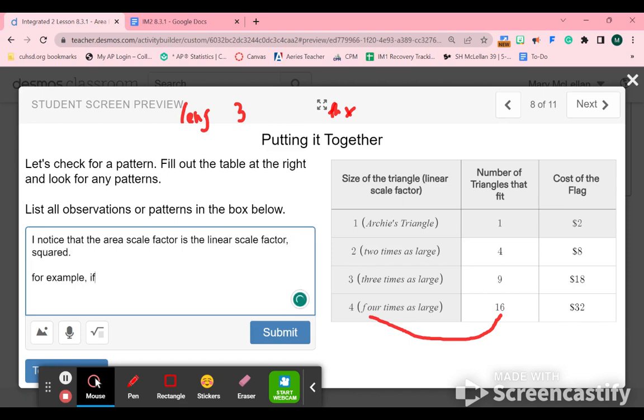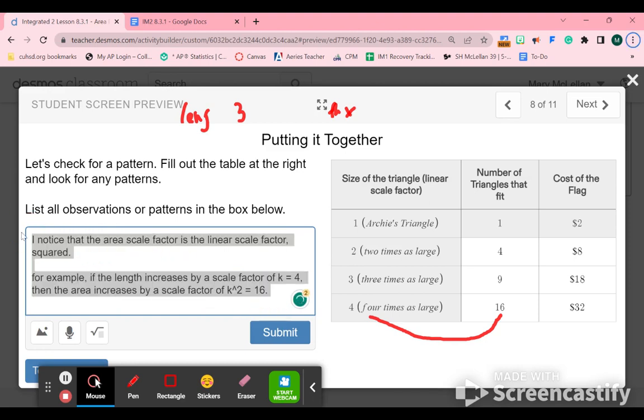For example, if the length increases by a scale factor of k equals 4, then the area increases by a scale factor of k squared equals 16. All right, I'm going to put this into our notes.